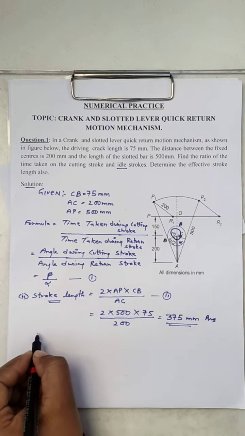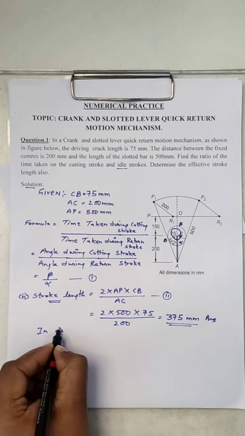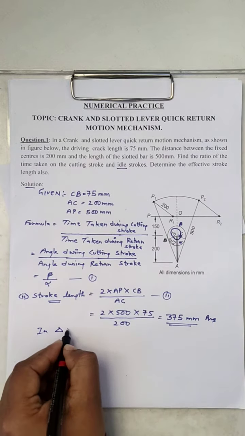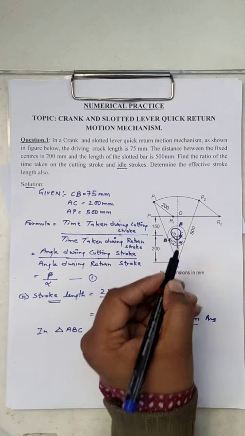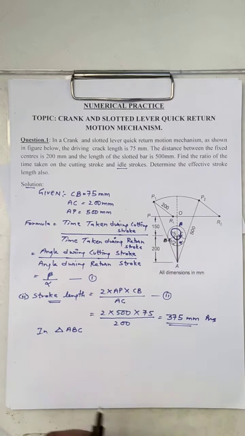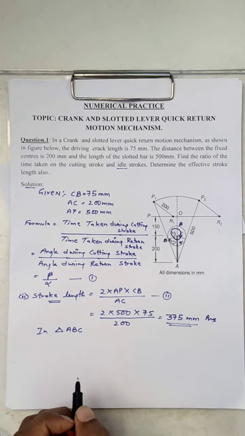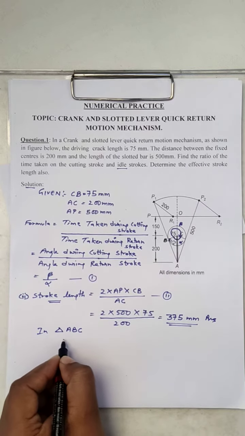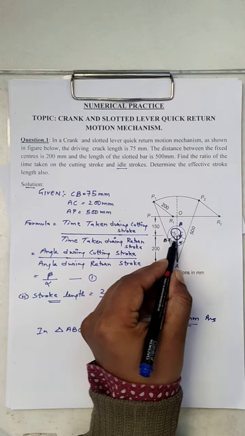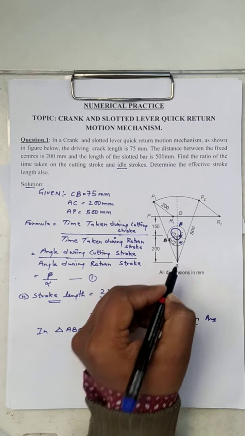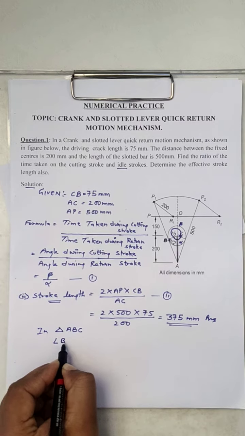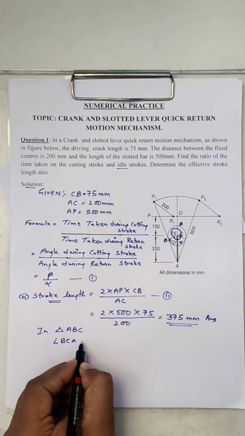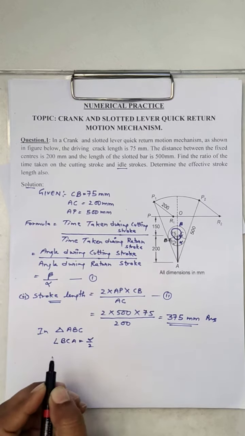So you can see in triangle ABC, right angled at B, we can write that the angle made at the point C, that is angle BCA, is alpha by 2.